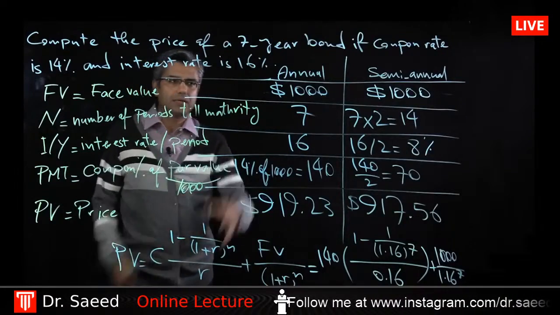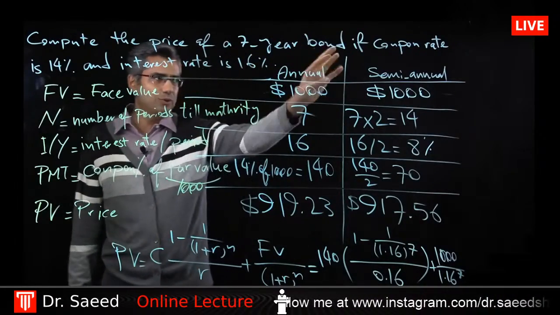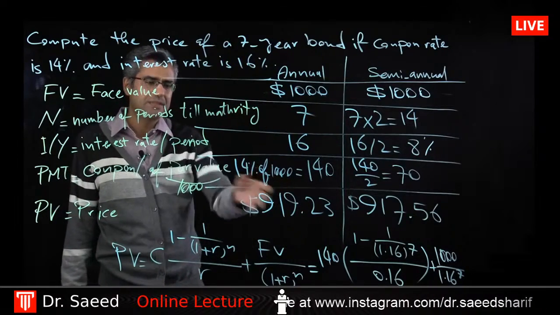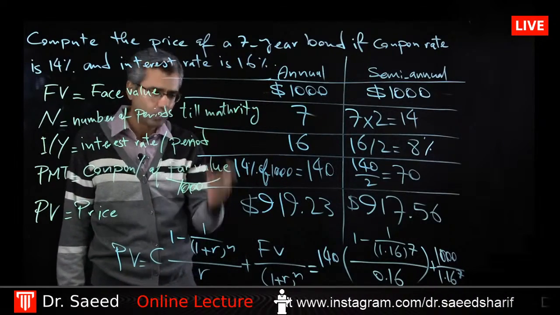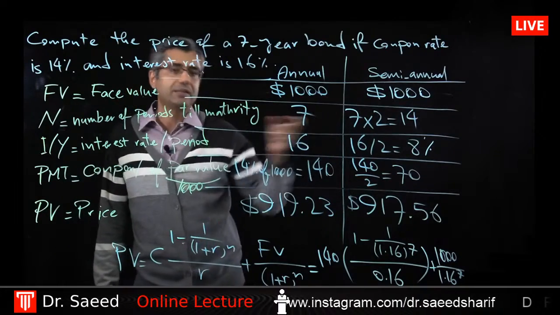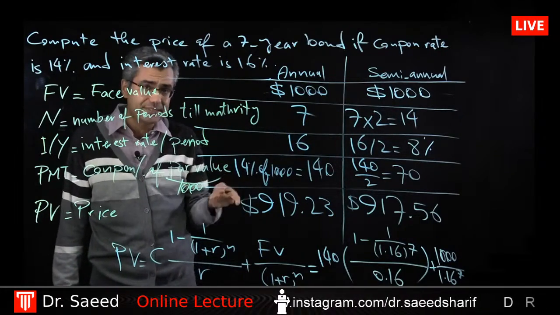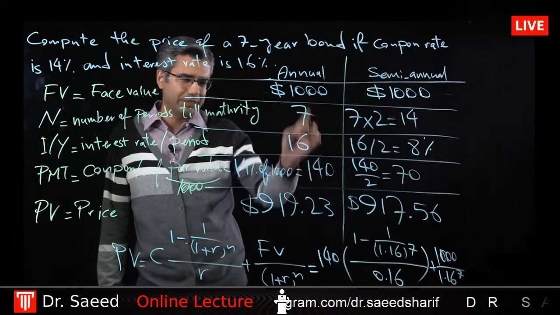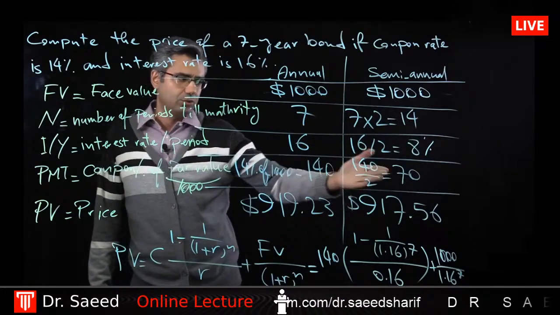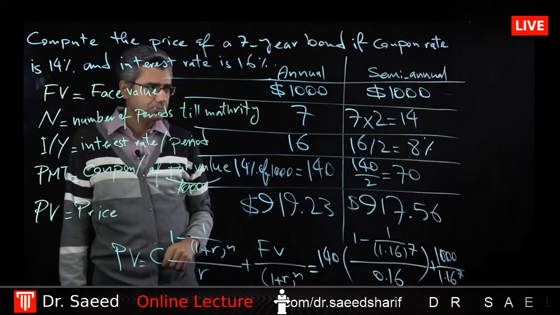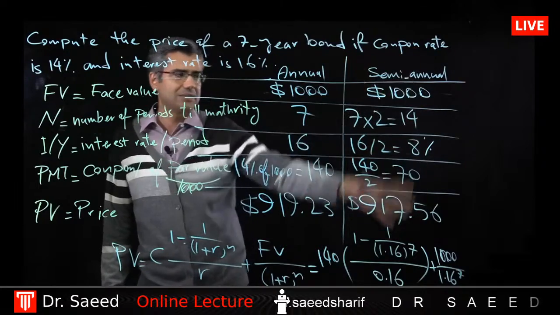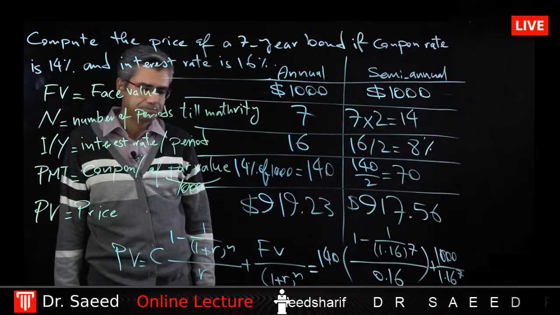So first I assume that the payments are annual, means the coupons are paid once a year. Then I assume that the coupons are paid twice a year. So I adjusted these 3. So these are the 3 things you need to adjust when it's semi-annual. So I computed the price based on the assumption that it's semi-annual payment.